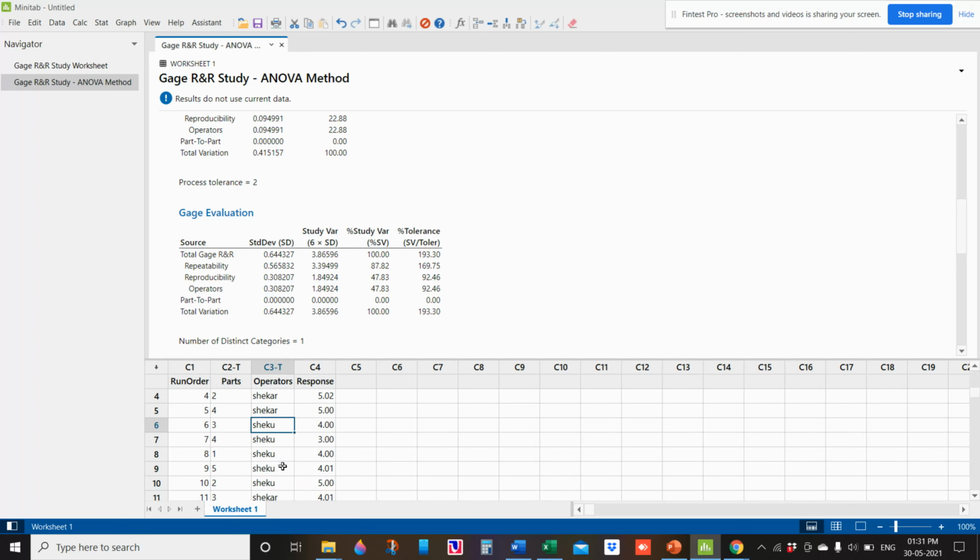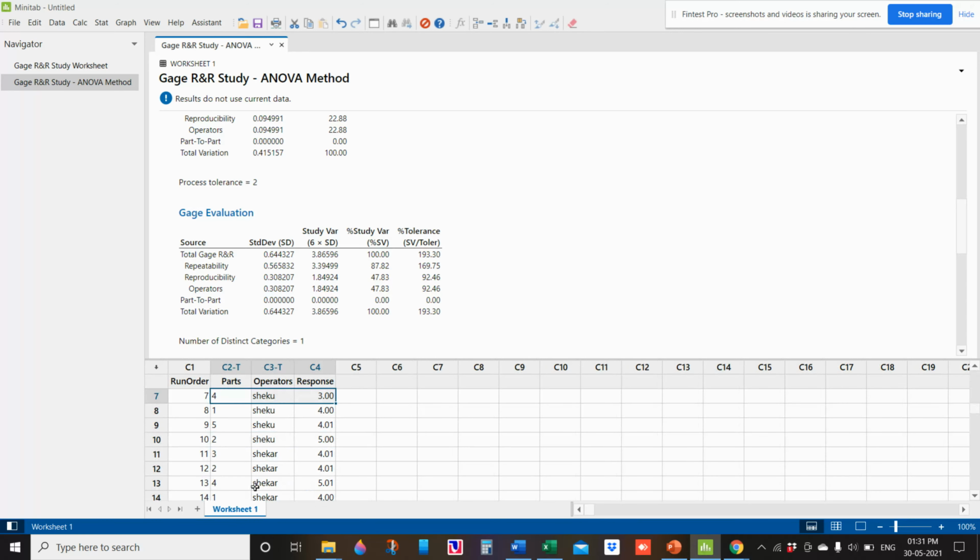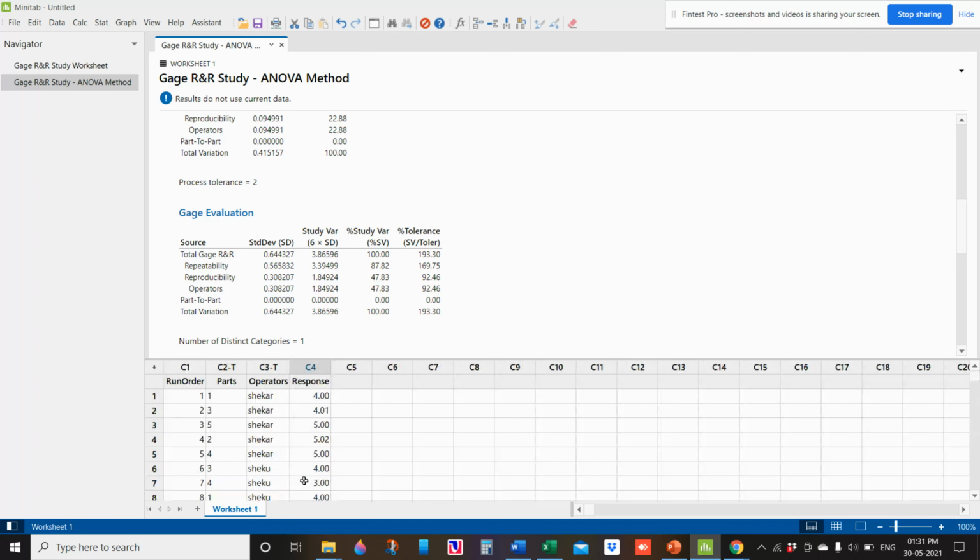Then coming to the third part, Shaker is telling 4.0, for example. Fourth part, I am telling 3. Again, fourth part, I am telling 3.01.